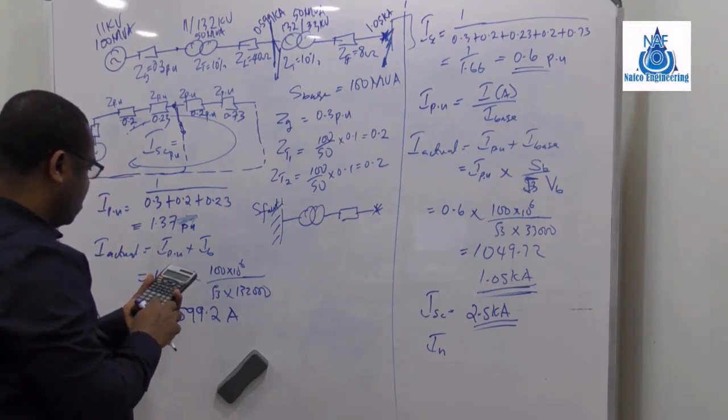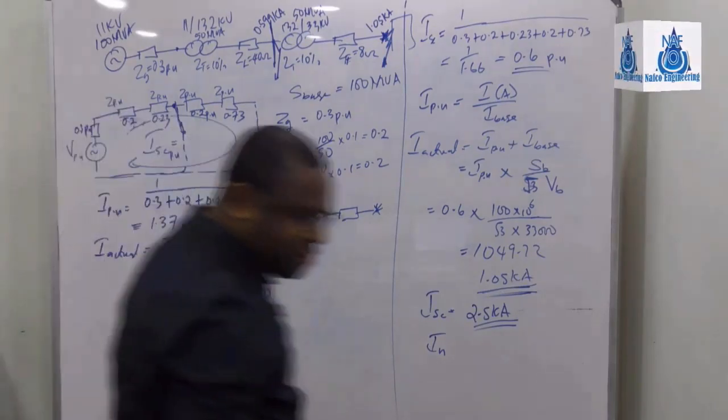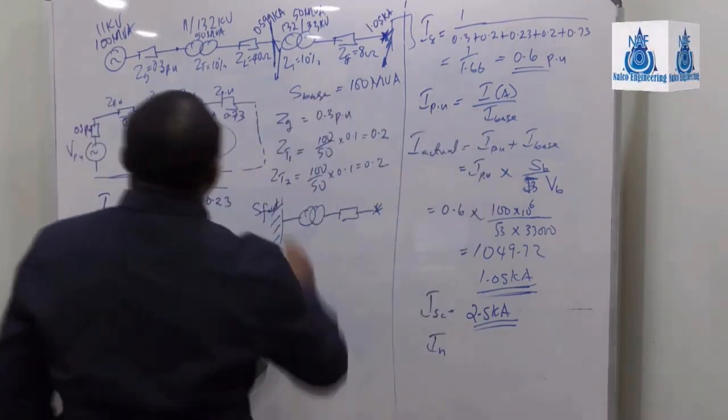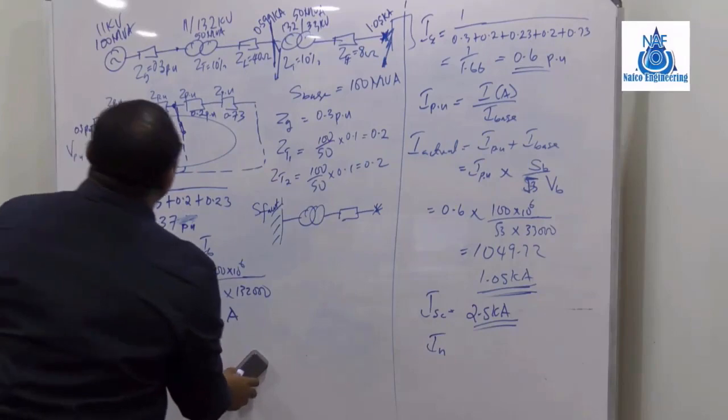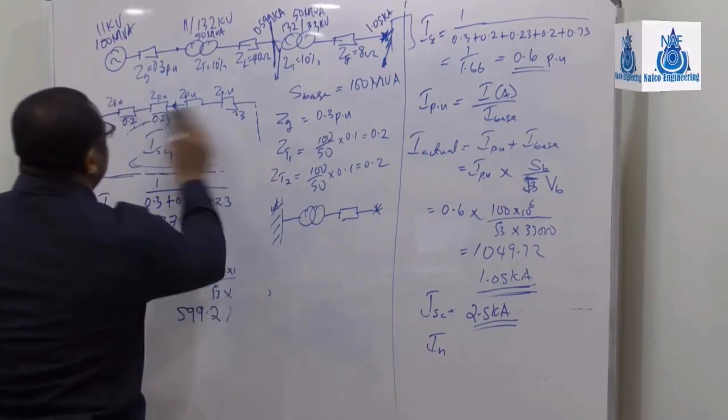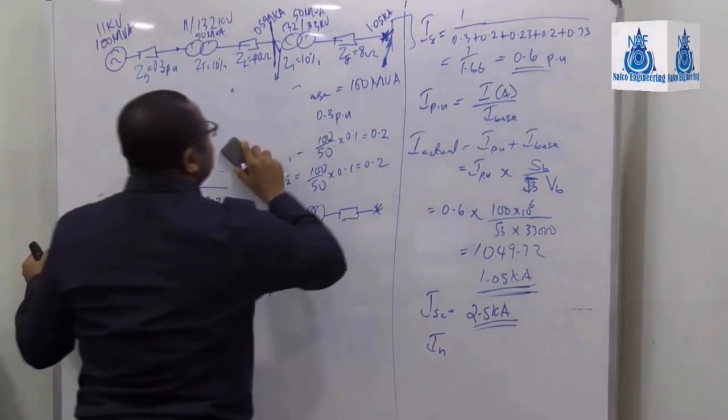Okay, so it's okay. So 0.599. All right, so I'll just clean this because we're going to use that for something else.